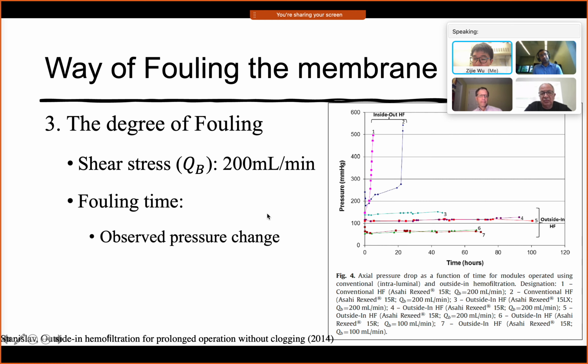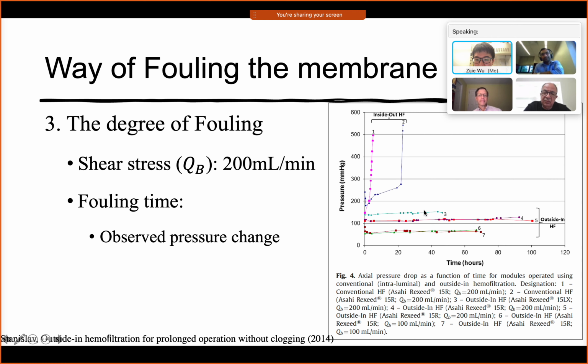And here, on the right-hand side, we have the outside-in hemofiltration paper. We can see that with inside-out hemofiltration, the pressure drop will start increasing over time from 6 hours to 24 hours.